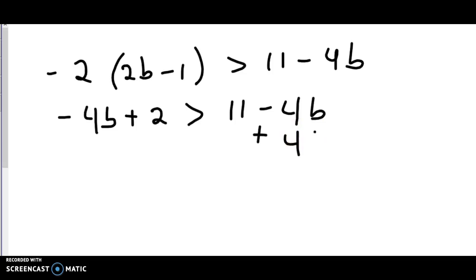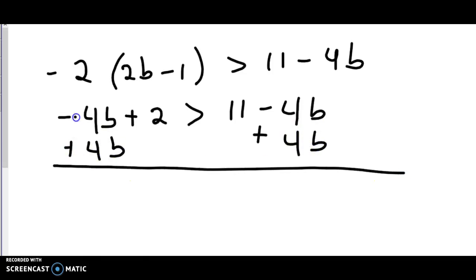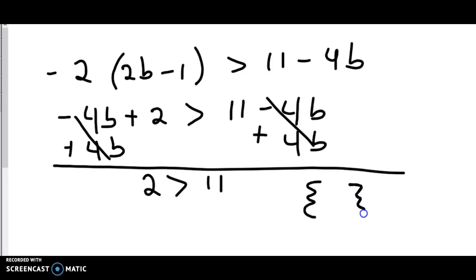Combine like terms, or get them together on each side. Now you have 2 is greater than 11. Well, that's not true. So there's no solution to that one. So it's an empty set. You don't put anything in there. You can also say no solution, and you can say empty set.